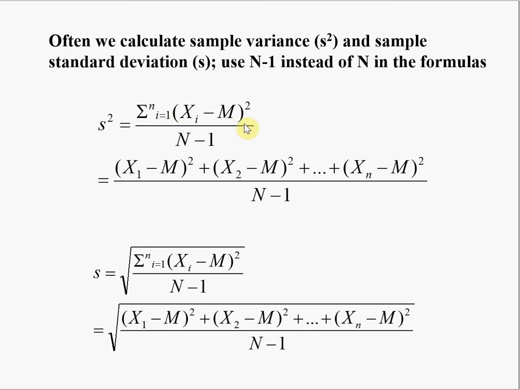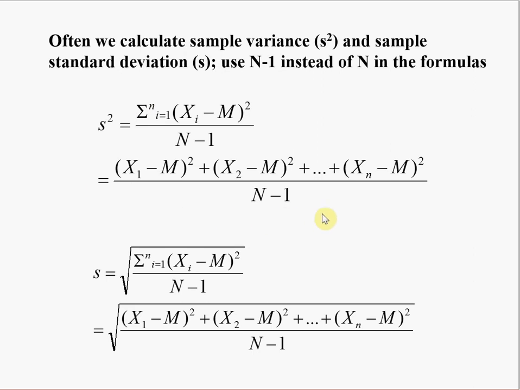The rest of the formula looks similar to the population formula, except at the bottom we use n-1 instead of n. The same can be said about the sample standard deviation. Another minor difference is that we do not use the mu here. We do not use a population mean.